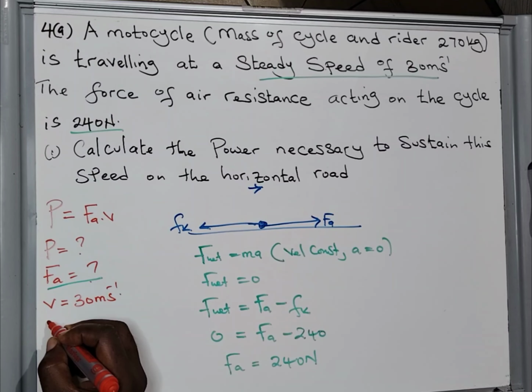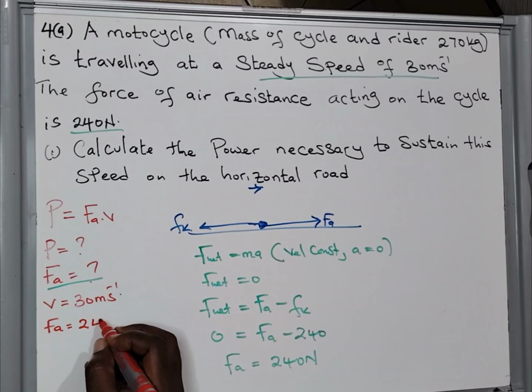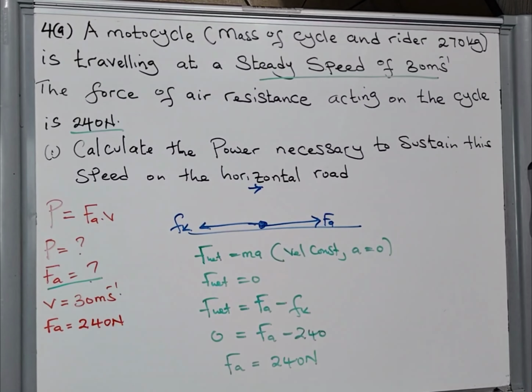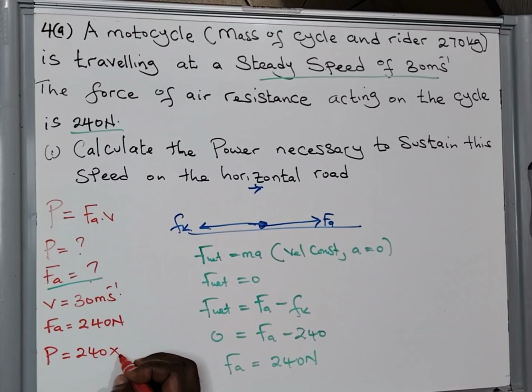Now you know Fa, and it is 240 newtons. So you're going to say power is equal to Fa, which is 240, times V, which is 30. What you get is going to be our power. And the answer is this: 7,200 watts.